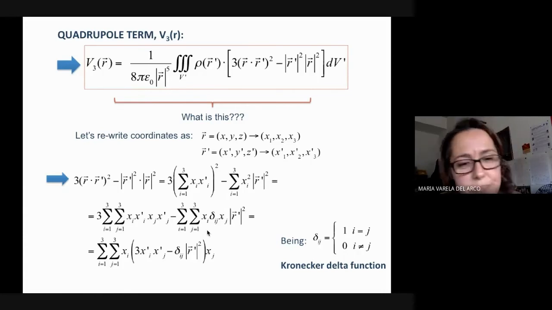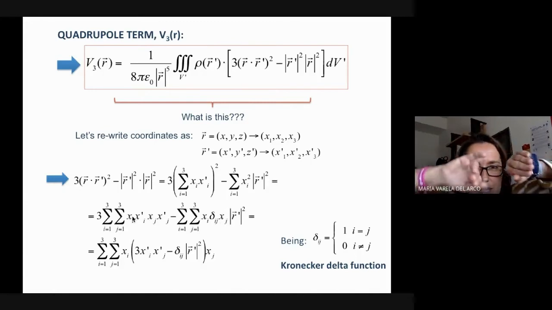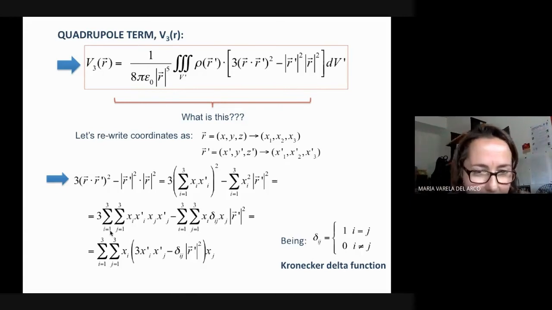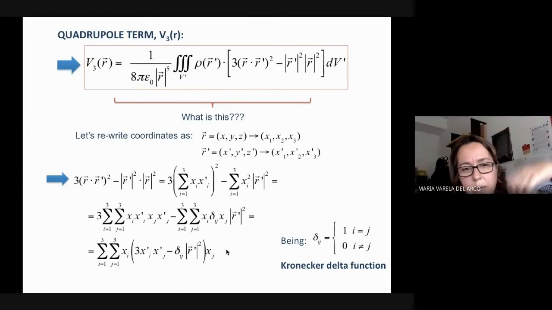And also, since in both terms I have x_i first and then x_j, I can put the x_i and x_j as factors, and then put everything else in a big bracket right there. And since these are not vectors or cross products or anything, it doesn't really matter if I have my x_j first or second, who cares?